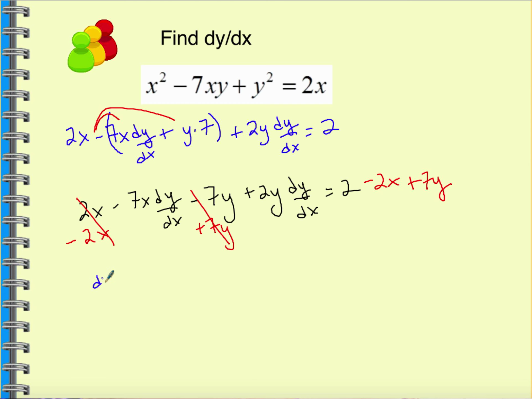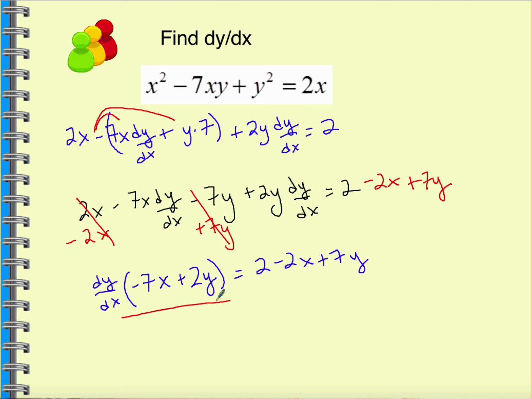So I've got dy dx times the quantity negative 7x positive 2y equals 2 minus 2x plus 7y. Oh, we are one step away. Here we go. Negative 7x plus 2y.